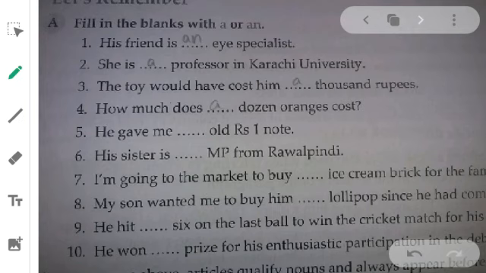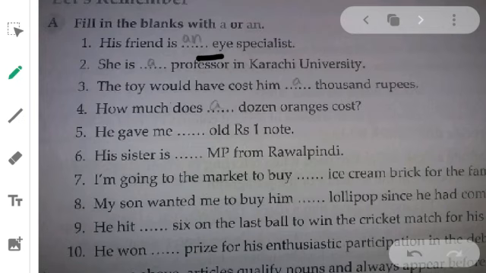Students, you have an exercise on page number 19. A few blanks are done for you, like his friend is an eye specialist. Here we are using an because it starts with a vowel. She is a professor, so we are using a before professor.